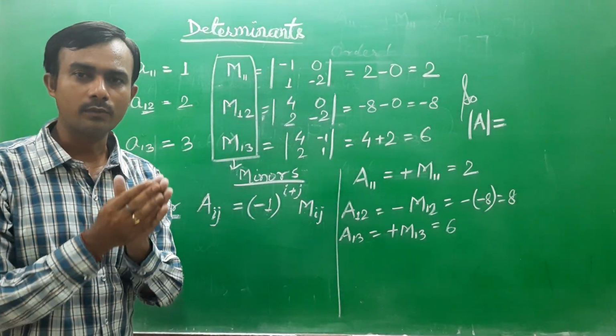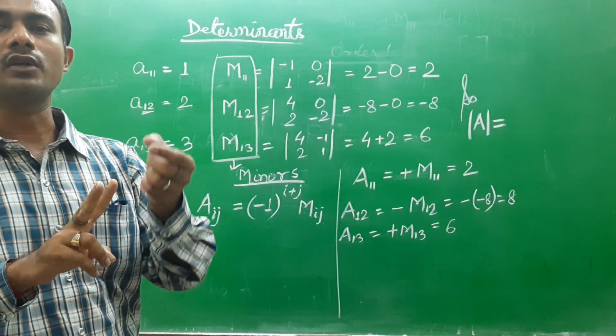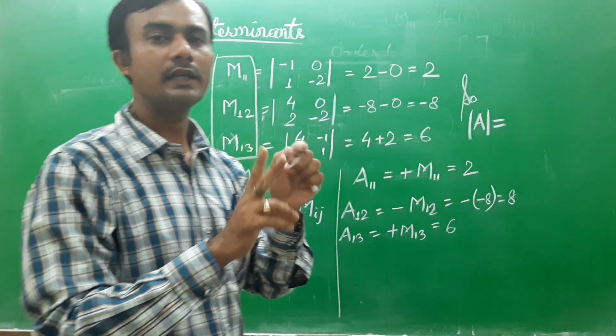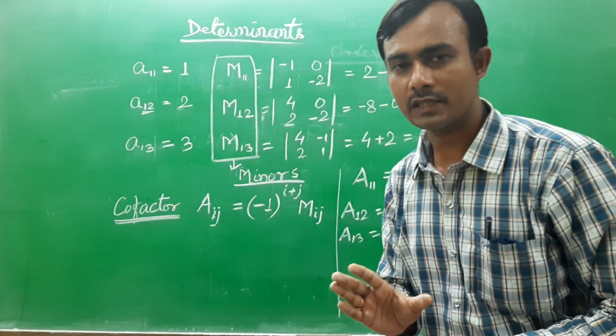It means the sum of the products of elements with the cofactors is the determinant for 3 into 3 matrices.